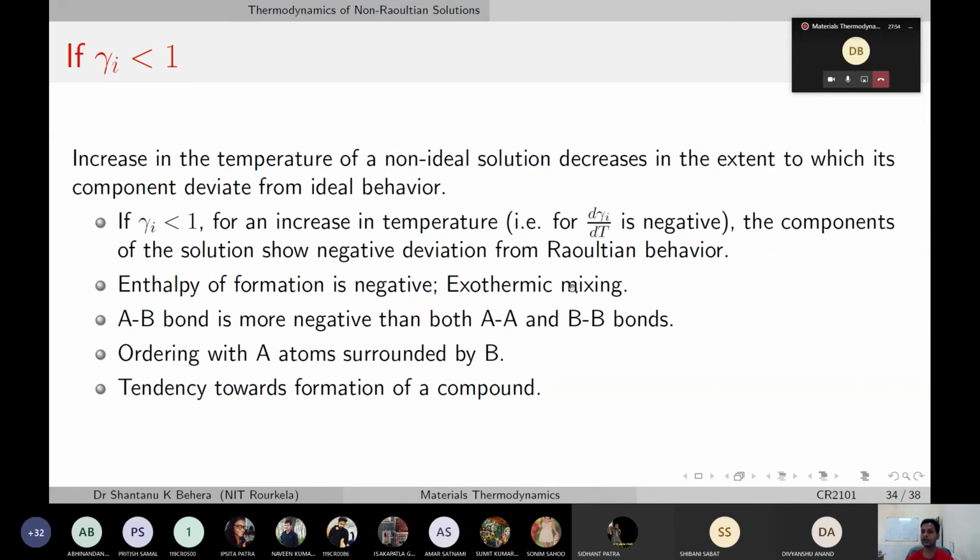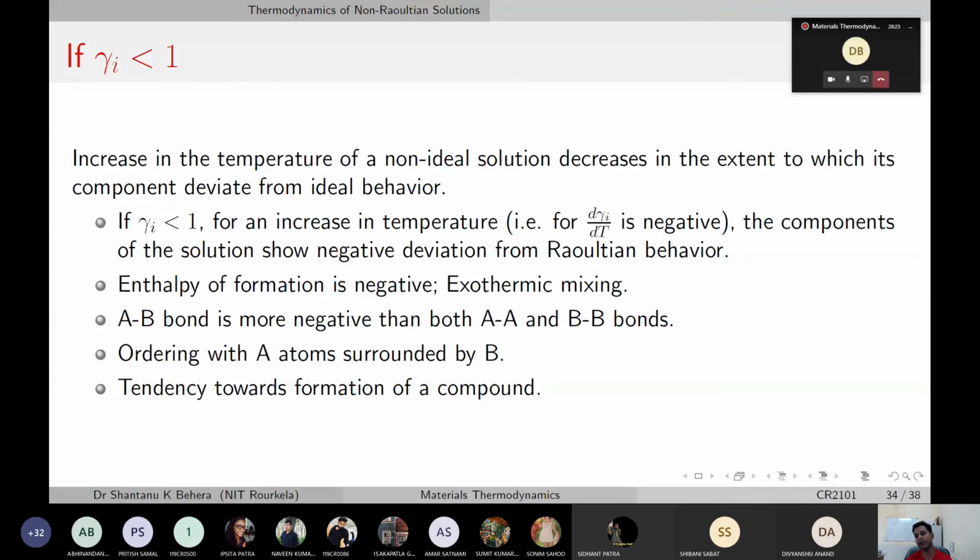All right. So what does it mean in terms of the physical things that are happening? Is that the hetero bonds, the bonds between A and B, are stronger. That means the AB bond strength is more negative than either A type bonds or B type bonds. That means the homo bonds are less strong than the hetero bonds, right?